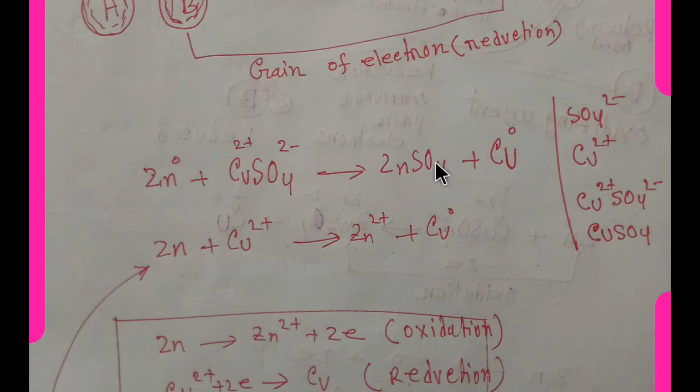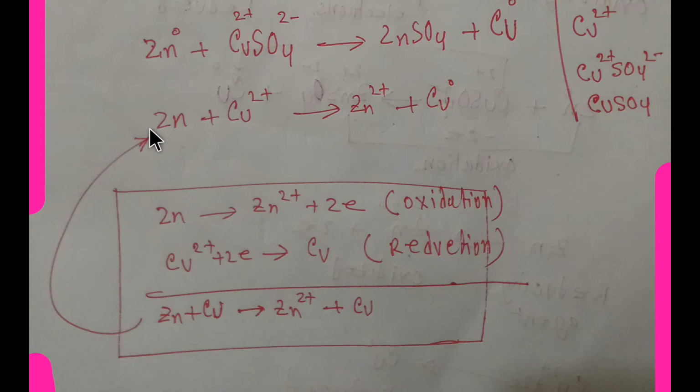So if I write this reaction like this, we'll get zinc and copper, right? Zinc is giving 2 electrons to copper, and copper 2 plus is becoming copper, and since zinc is giving 2 electrons, zinc is becoming zinc 2 plus. If I write this reaction like this, zinc is releasing 2 electrons, right?